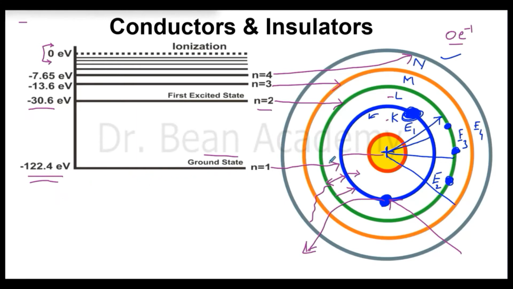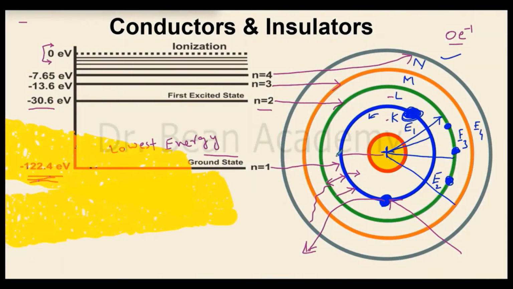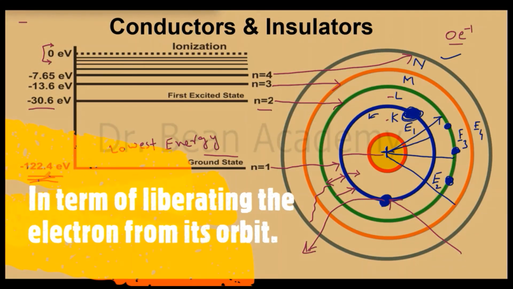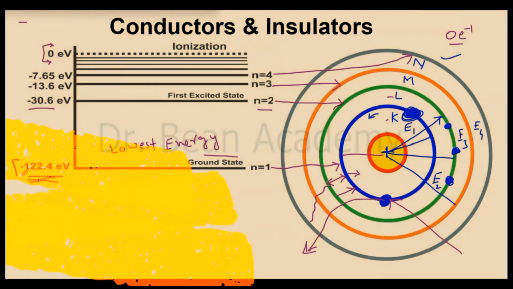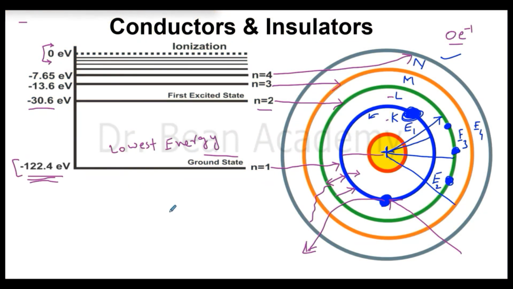So we call the ground state the lowest energy state, and the reason is the convention we use for energy. You should see that the energy of the ground state orbit, the first orbit or K orbit, is large, but there is a negative sign, because this is how we measure energy.